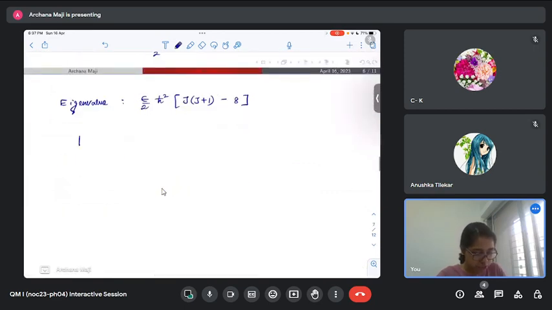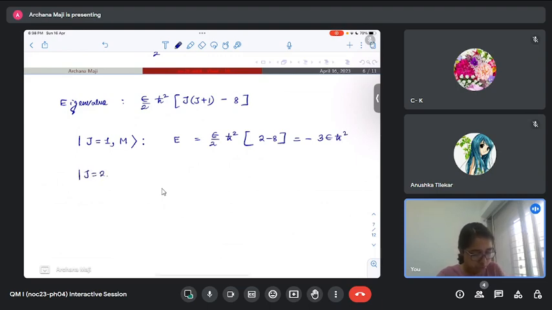For J equal to 1, m can take values from minus J to J in steps of 1, so m will be minus 1, 0 and 1. For this state, the energy eigenvalue is epsilon by 2 h cross square times (2 minus 8), that is minus 6, so minus 3 epsilon h cross square.